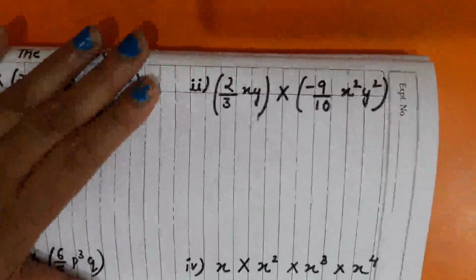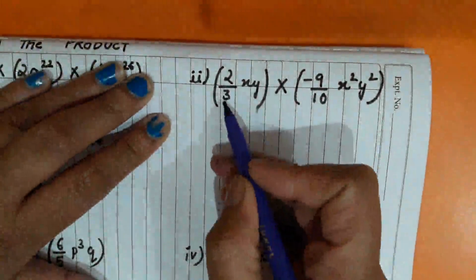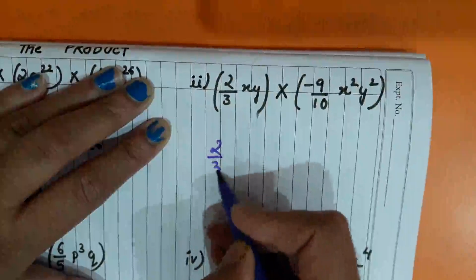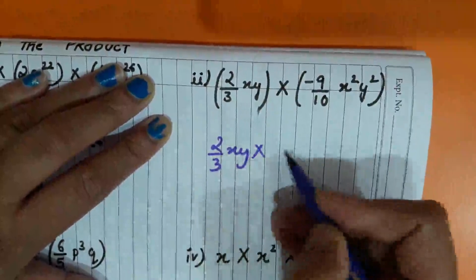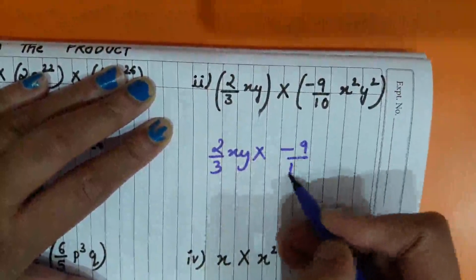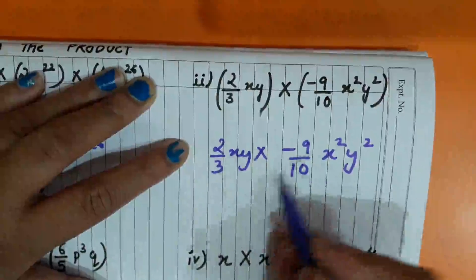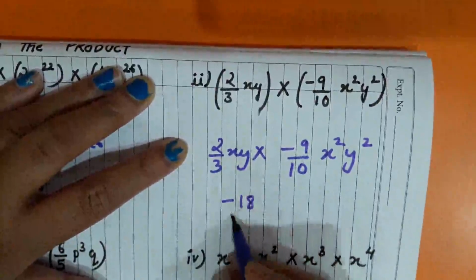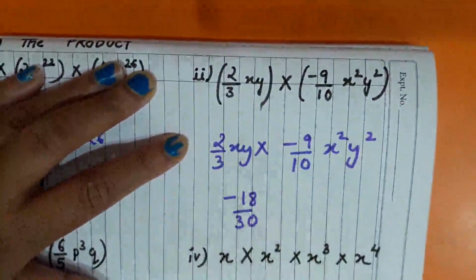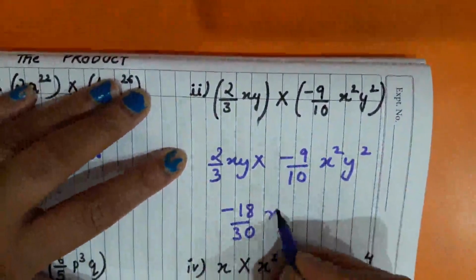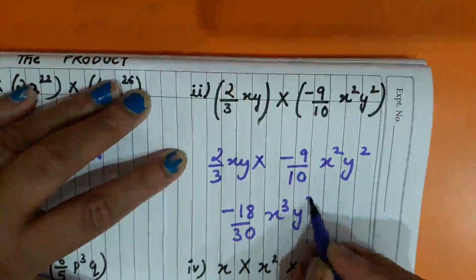Now the second part is 2 upon 3 xy multiply by minus 9 upon 10 x square y square. So 2 nines are minus 18 upon 30, x cube y cube.